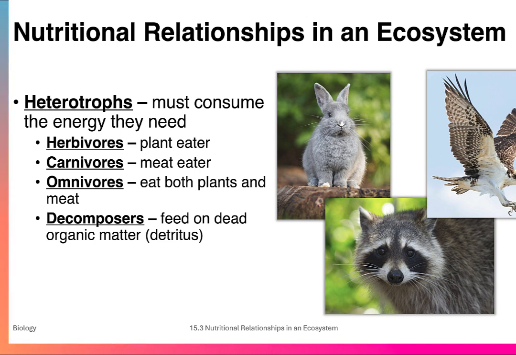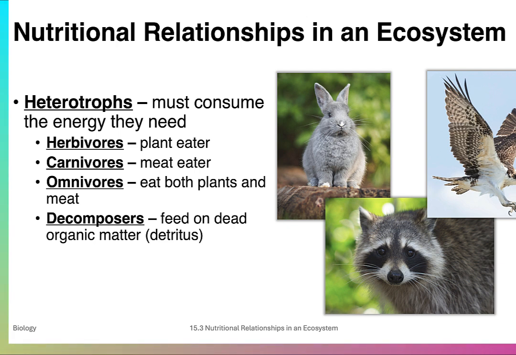Then there's another group of organisms which are kind of on the side of the environment, as some people think about them, and they are the ones that decompose, or the decomposers. They essentially eat the dead organic matter. Another name for dead organic matter is detritus.